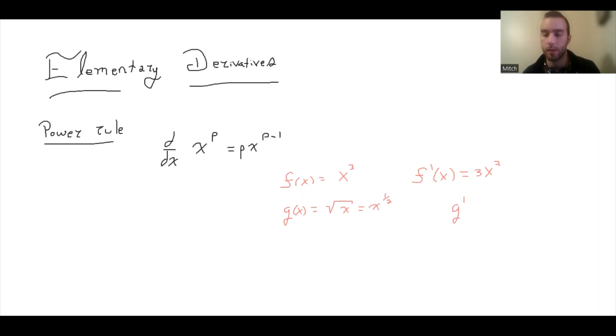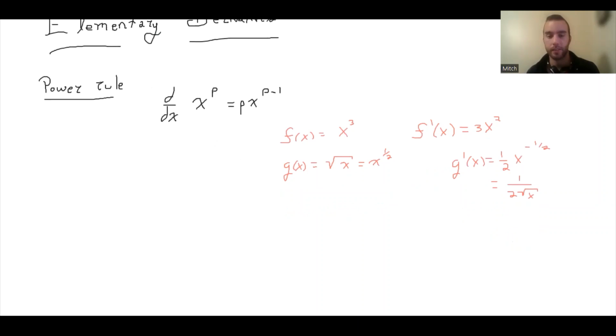We're knocking it down, so we have 1/2 in front, and then x to the 1/2 minus 1, which ends up being negative 1/2. When we have a negative exponent, remember that means it goes in the denominator, and the half exponent is the root.